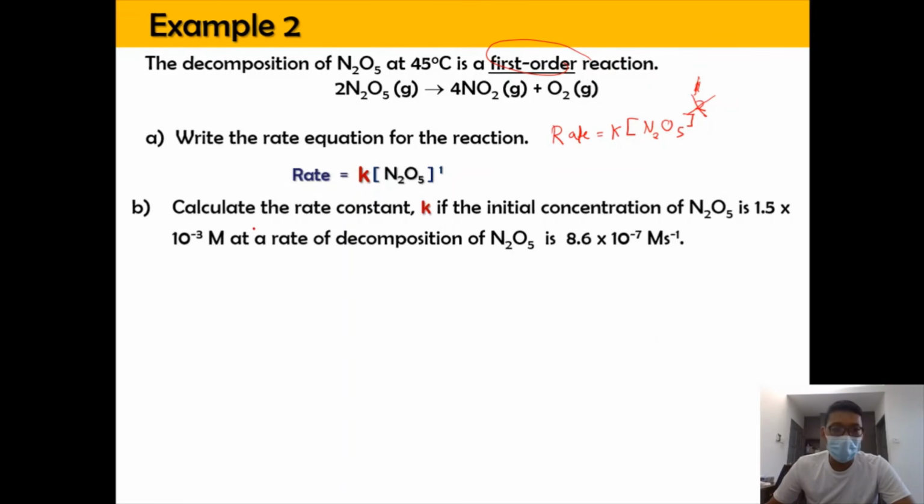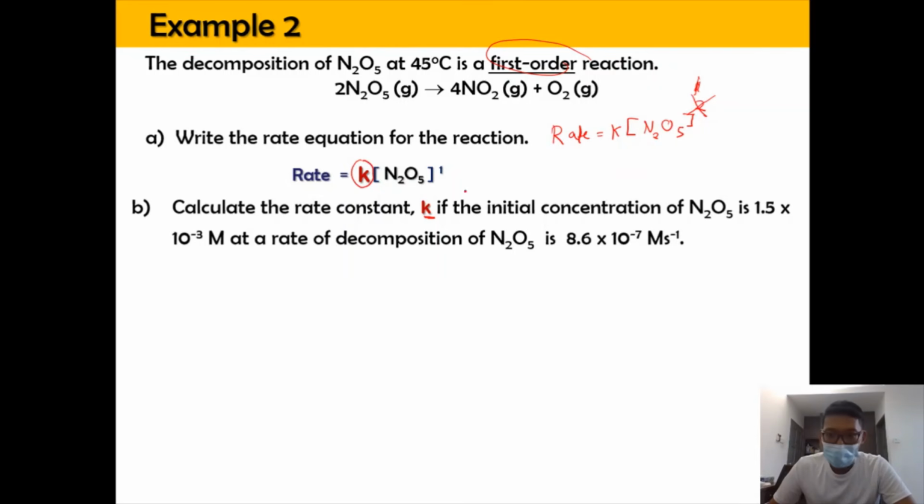Now, for part B, we have to calculate the rate constant k if the initial concentration of N2O5 is 1.5 times 10 to the power of negative 3 molar, and the rate of decomposition of N2O5 is 8.6 times 10 to the power of negative 7. So we have the rate law and we need to find the k here.